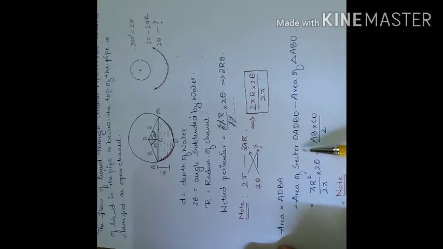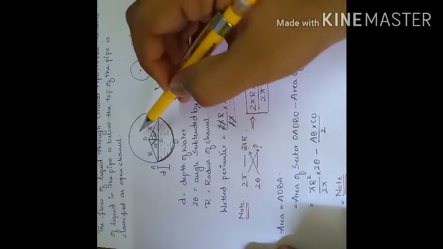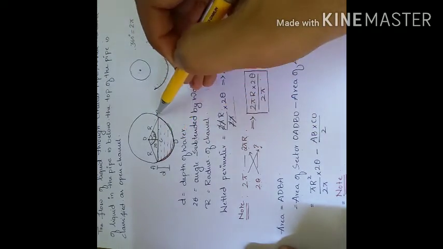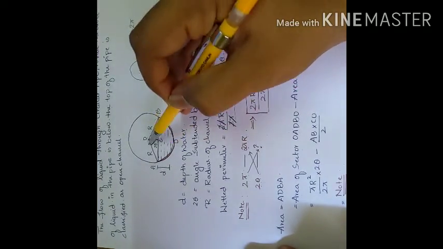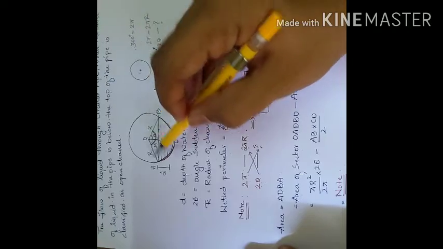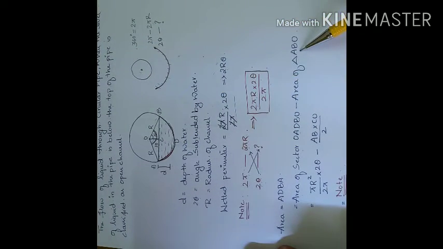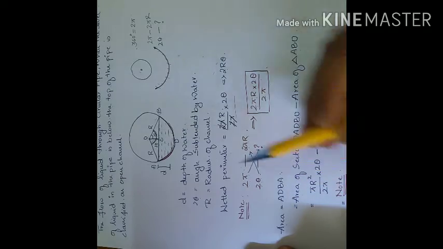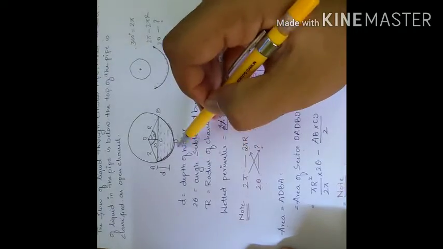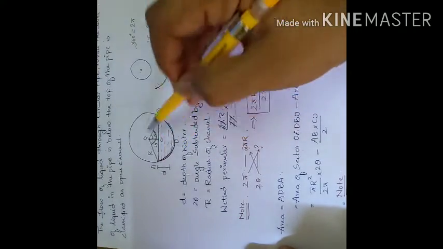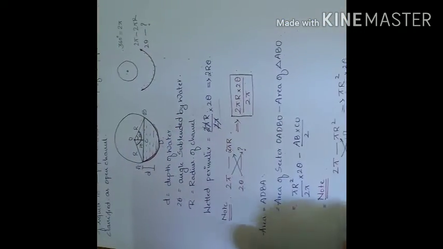You can see the sector OADBO. From the whole area, we need to minus the triangular portion. The triangular portion is OAB, so I can write it as ABO. We need to find the total area ADBA. ADBA means only this much area I need to find. With that, I need to deduct the triangular part.